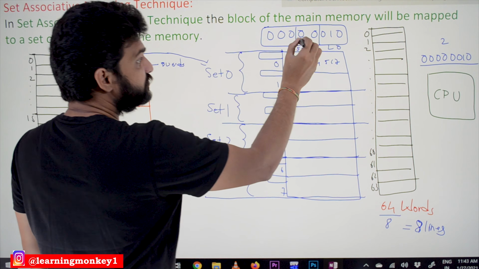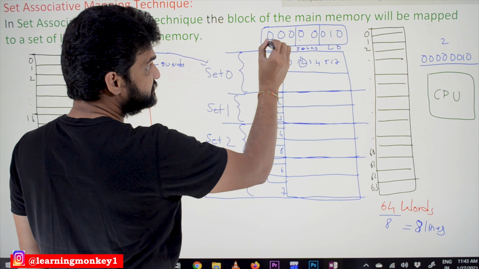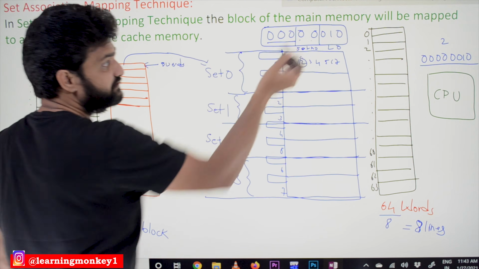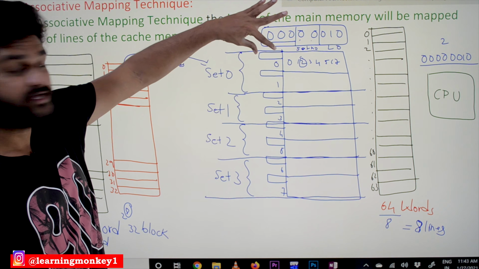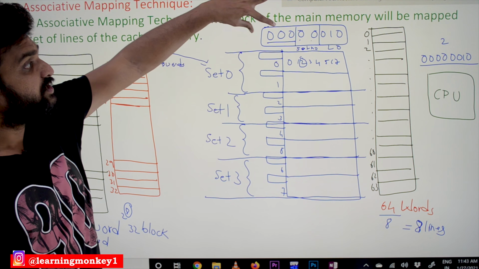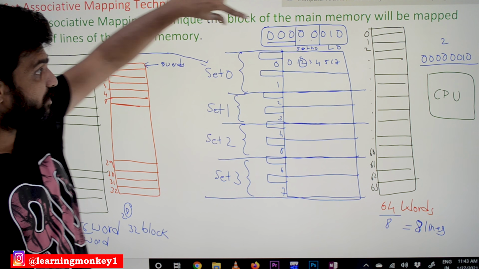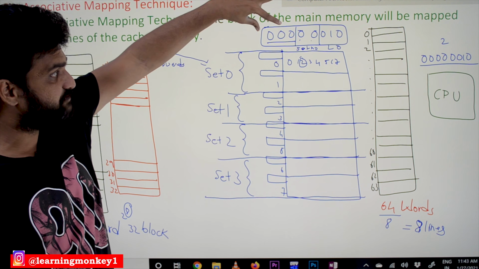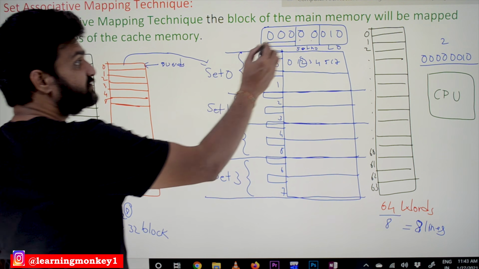Now, these 2 bits represent the set number, and these 3 bits represent the tag number. Whether the given block or the given word is present in a line or not is known by using these 3 bits.